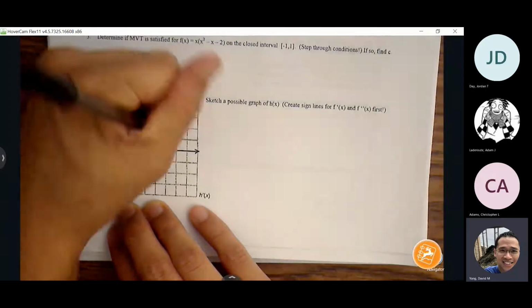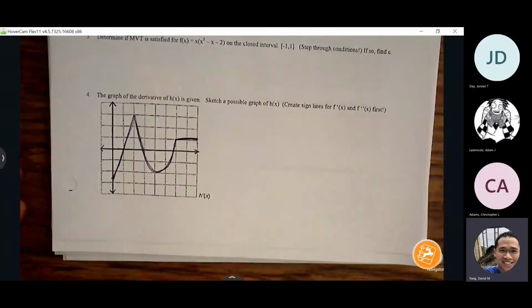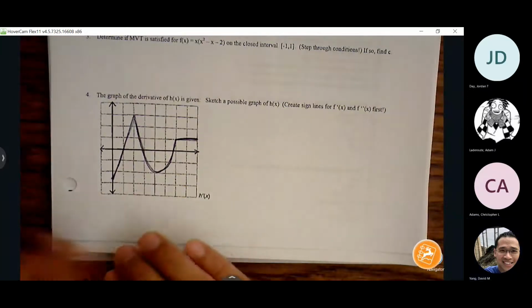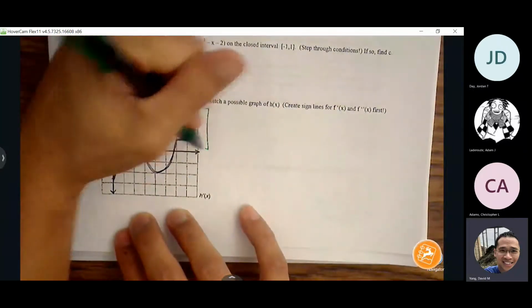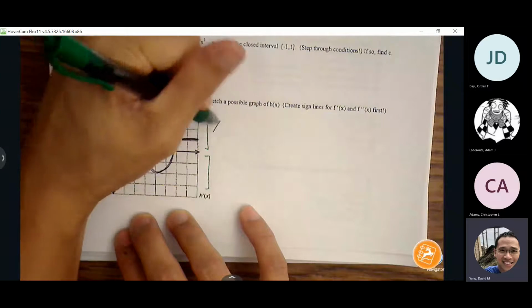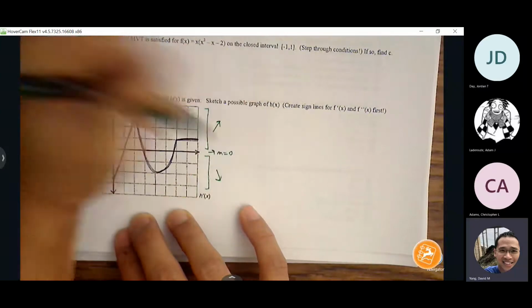And then up here, it just flattens out. Okay, we can label what we're looking at here. Above and below the x-axis, positive slope, negative slope, slope 0.